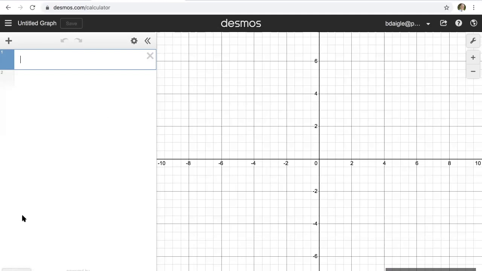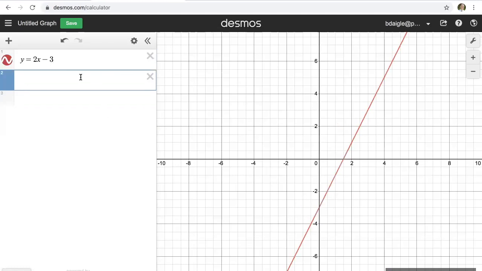But initially, you can just use the keypad on your laptop or your computer and type in equations like y equals 2x subtract 3. And now you see that there's a line, and I can add another line by hitting enter. It gives me another row.